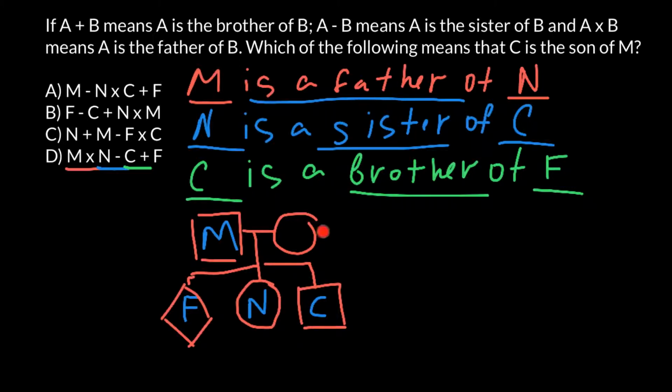So we see a family with three children, and in this family C is the son of M. This is clearly seen from this pedigree. So this is going to be our answer.